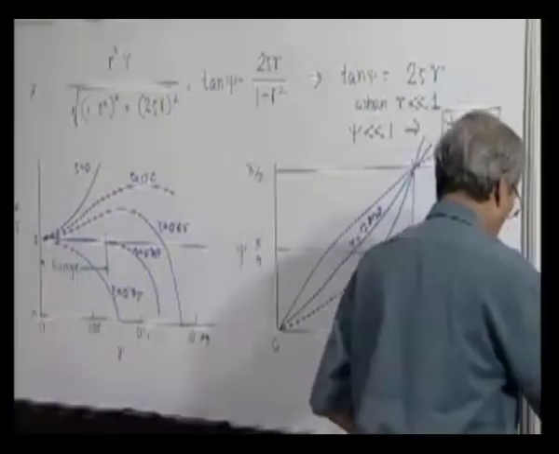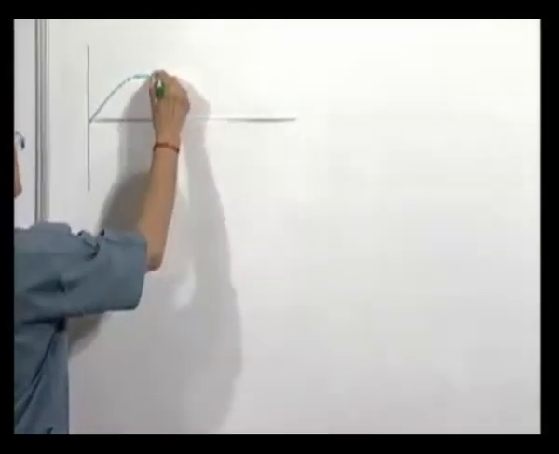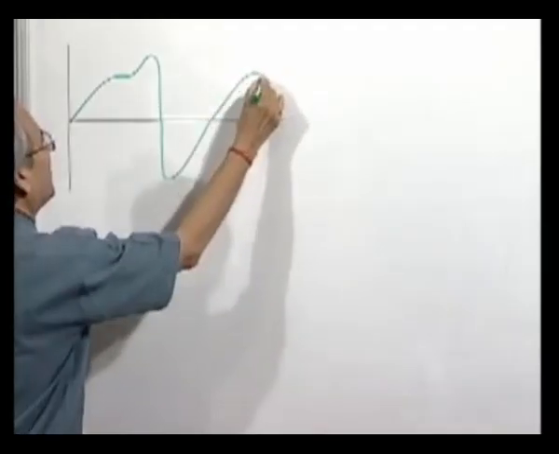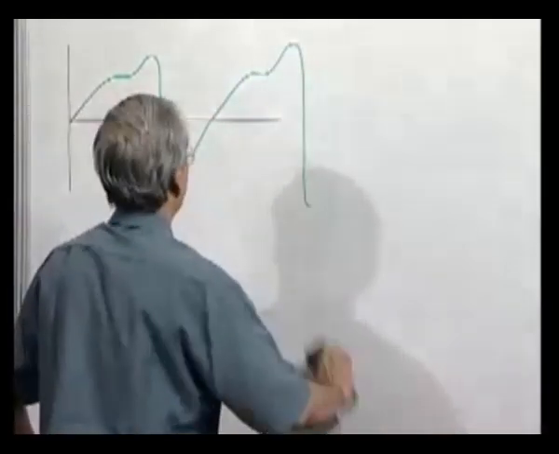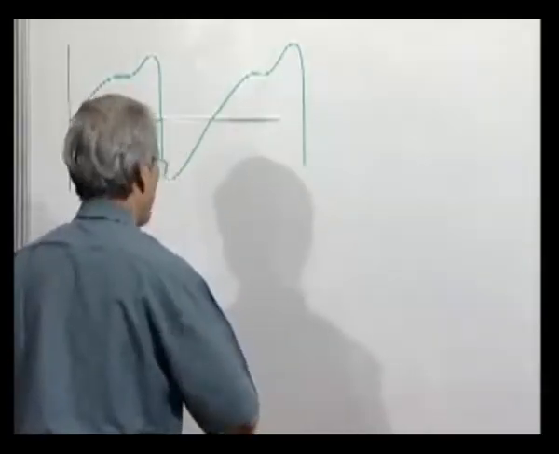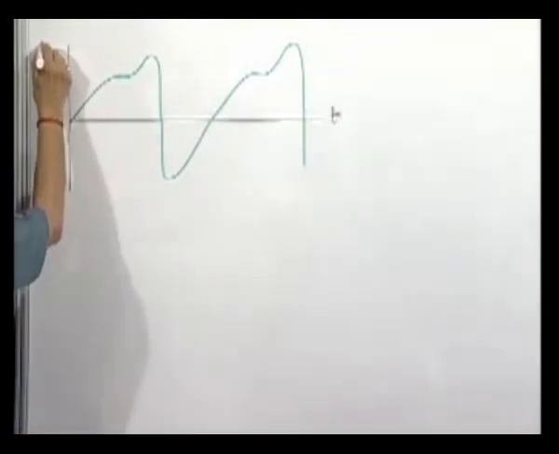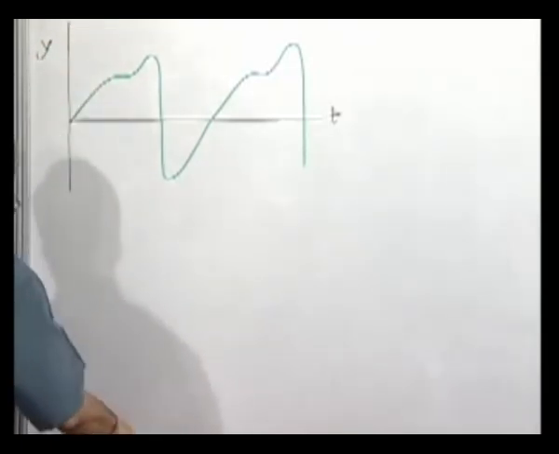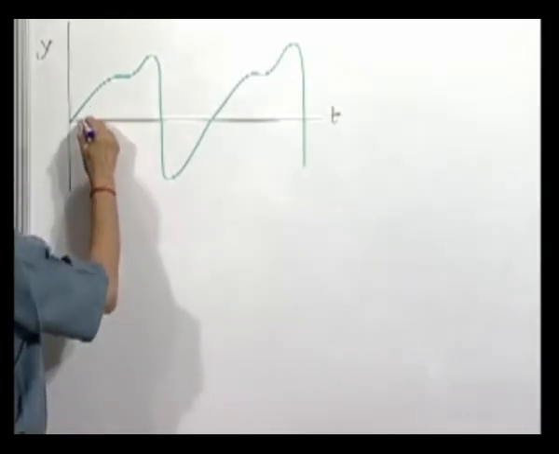So for example, if the original vibration is something like this, then the voltage produced by faithful reproduction will be something like that.